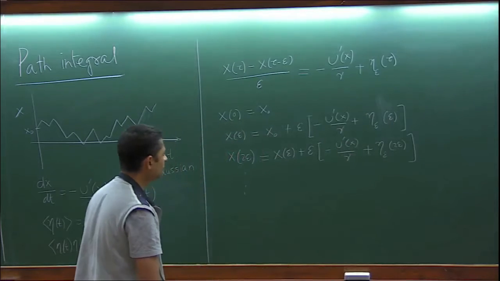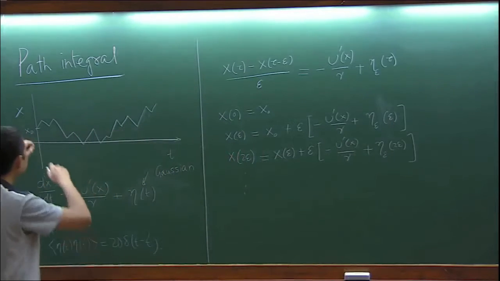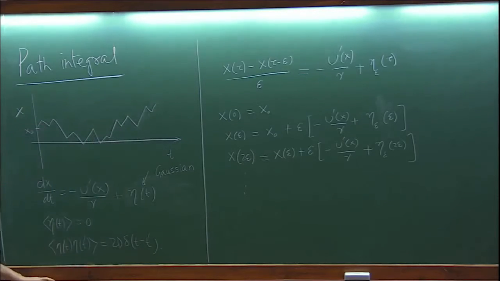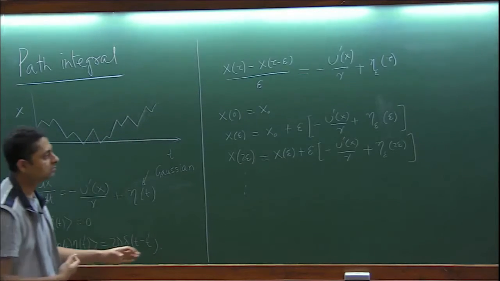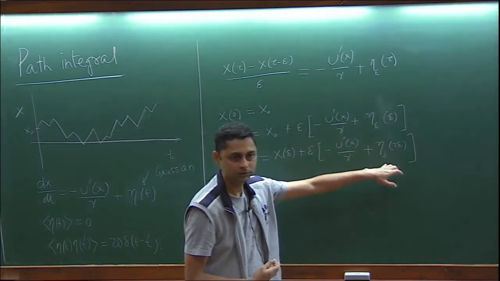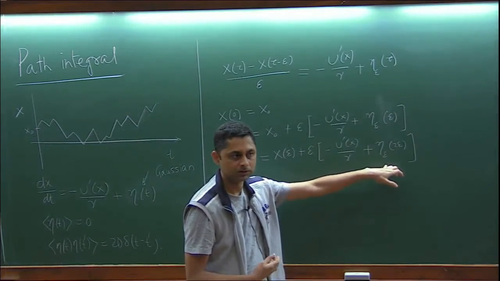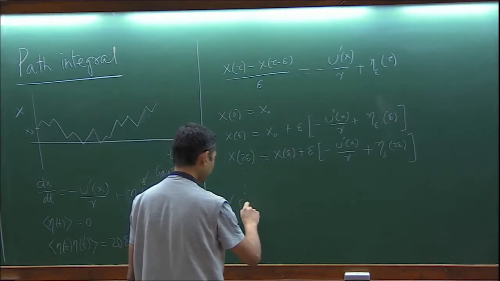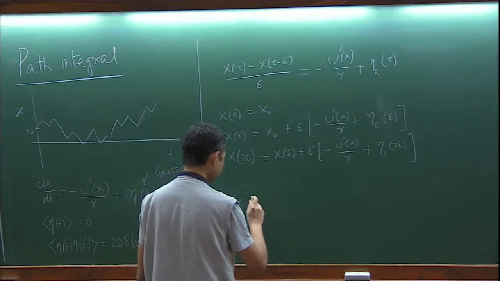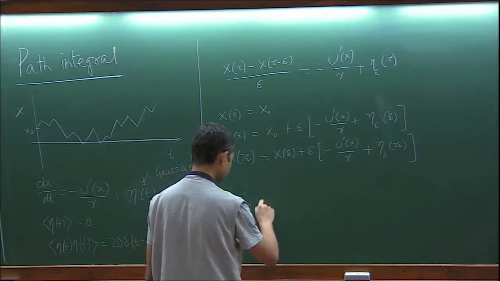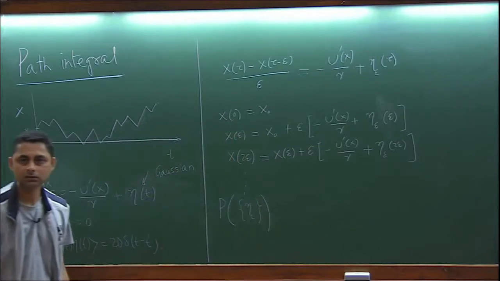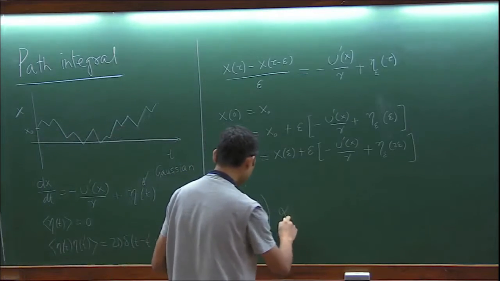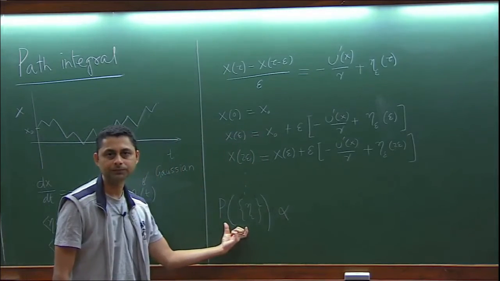Therefore, if I want to find the probability or the weight of this whole path, for a given path that will be determined by the weight of these noises. So I'll have a set of weights. What is the distribution of these weights?